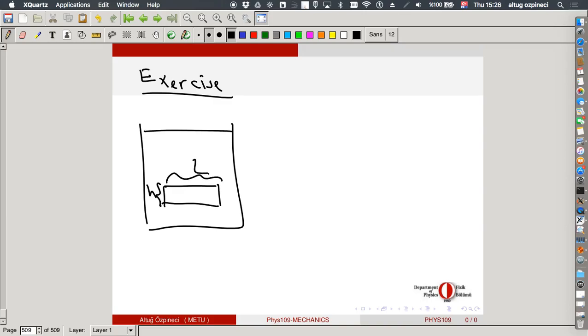Of course you can calculate the velocity of the fluid at every point on this opening. So you can calculate how much fluid flows out per unit time, and how long it takes for the liquid to drain out of this container. But we will not do that. We don't have time. Any questions?